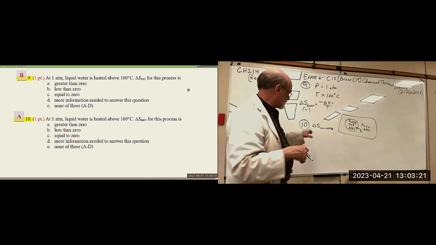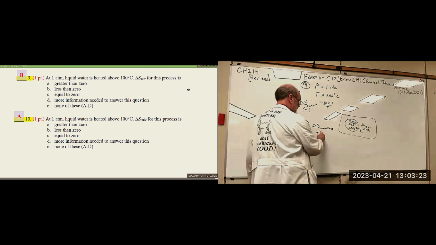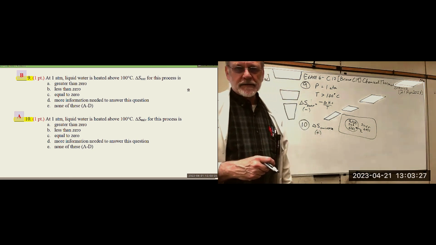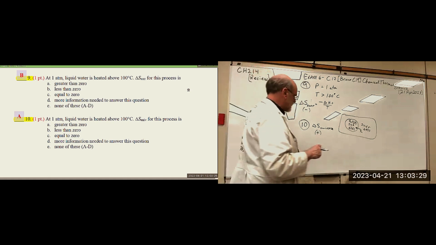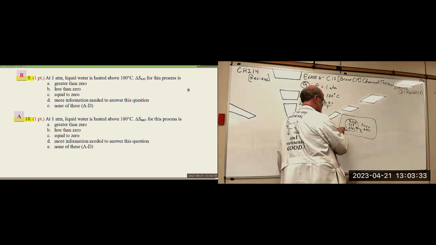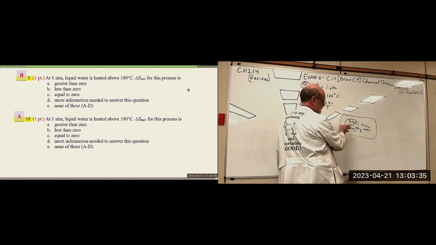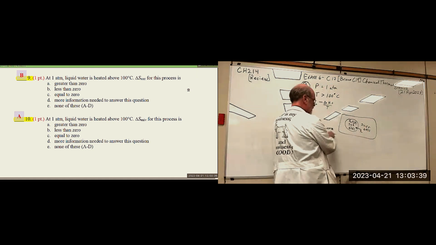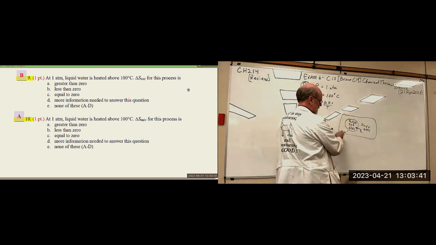Because if you think of delta S for the universe, it's always positive. That's the second law of thermodynamics. But what would it be if we considered this one? It's above the boiling point, so we can't say that they're equal. This would be 0 if it were at the boiling point.